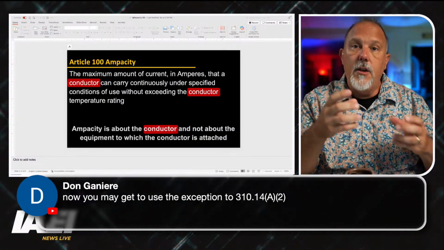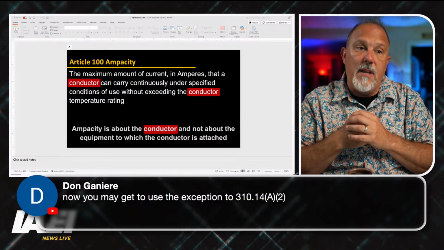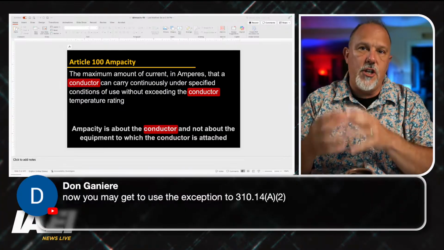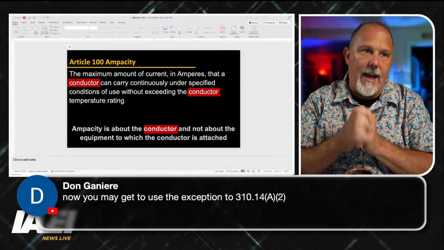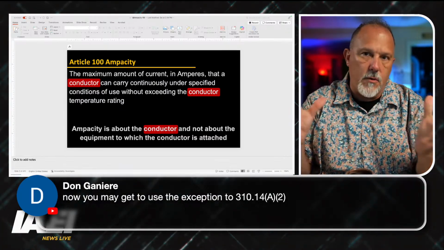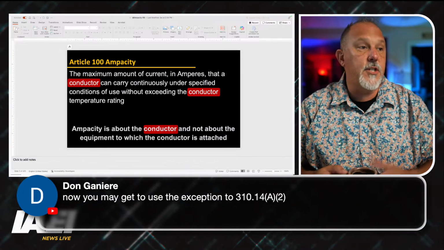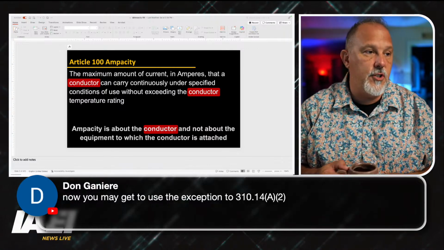You may have a bundle of conductors maybe in the panel board before they even leave. So you don't have to adjust for those instances where you have just a very short piece of the conductor. So in any case, that's the exception in 2.